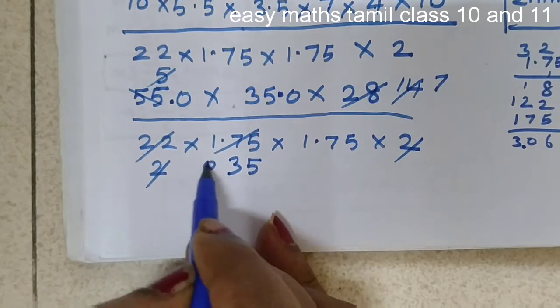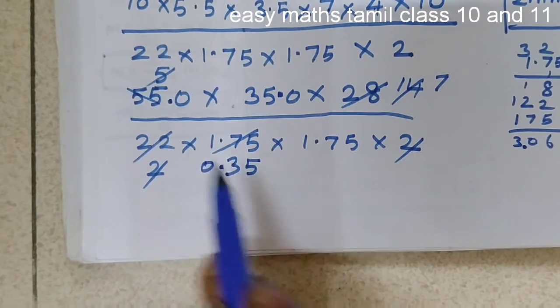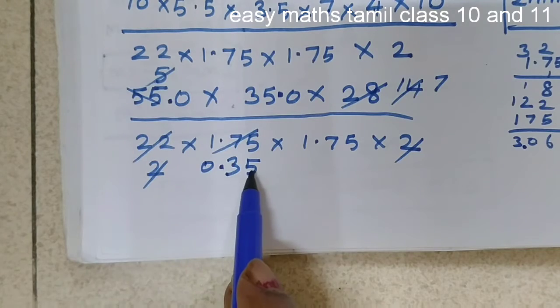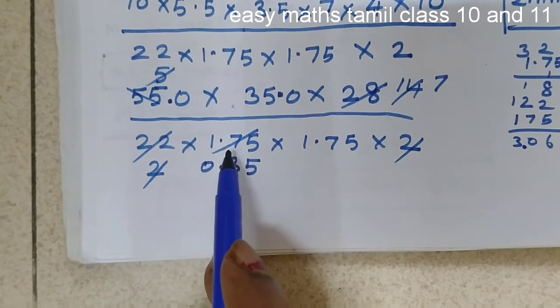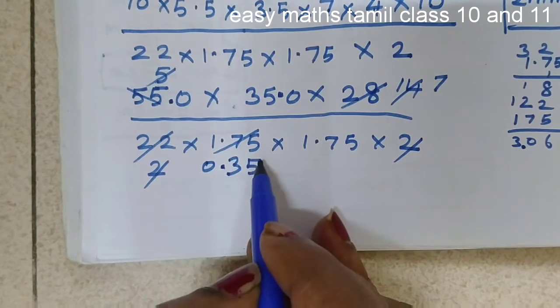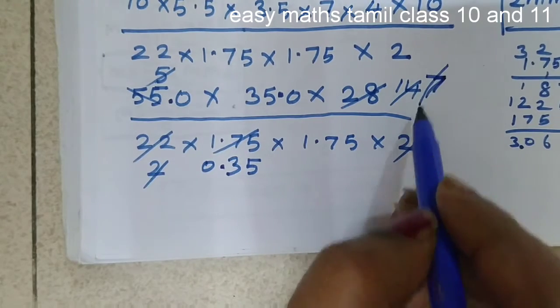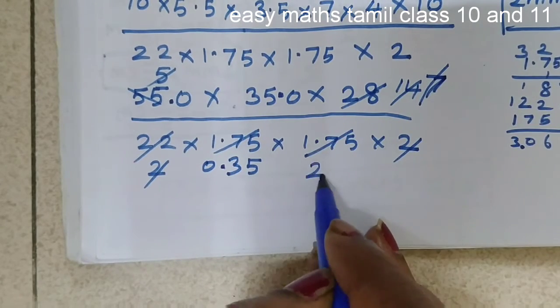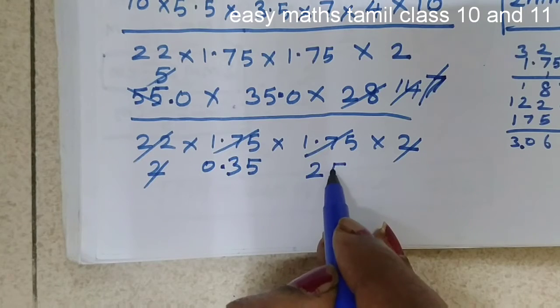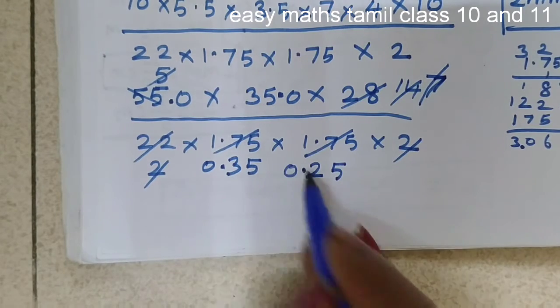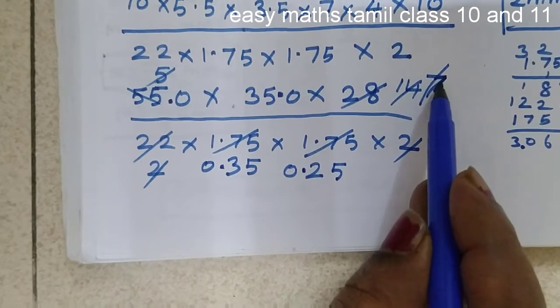Place the decimal point after 2 digits. Seven into 1.75 is 0.25. Place the decimal point after 2 digits.